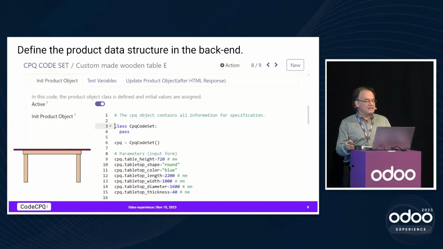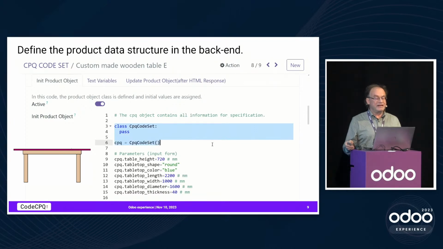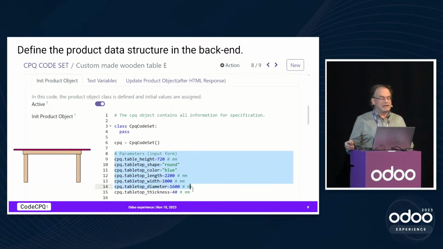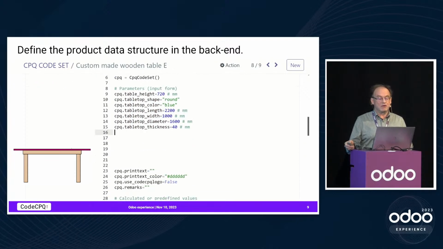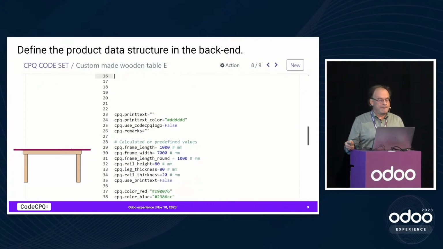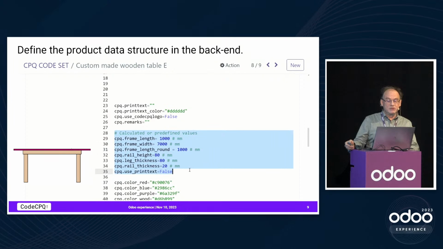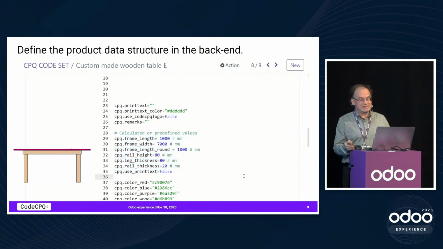You can determine the data structure yourself by defining a Python object: table height, table shape, tabletop length, width or diameter, tabletop thickness. The default values are also assigned right away. In short, you can use the full functionality of the Python programming language. It allows you to define your product's data structure precisely.